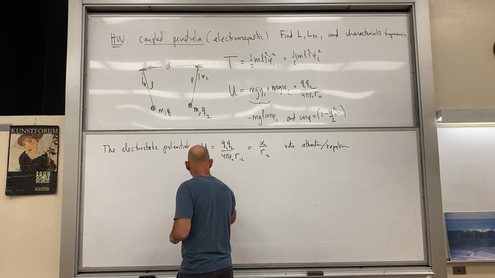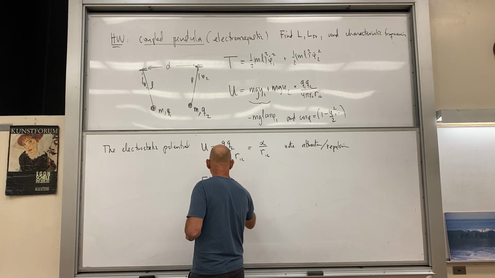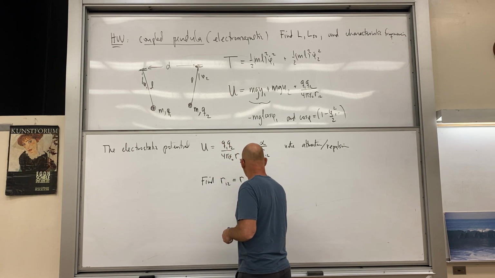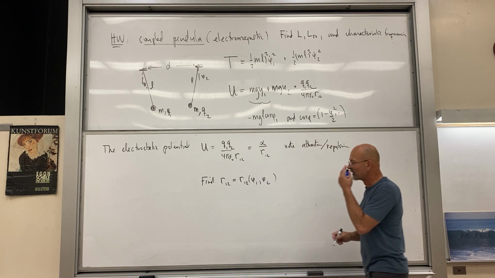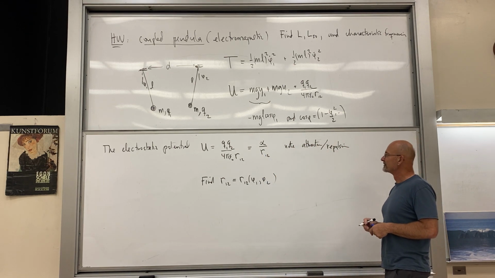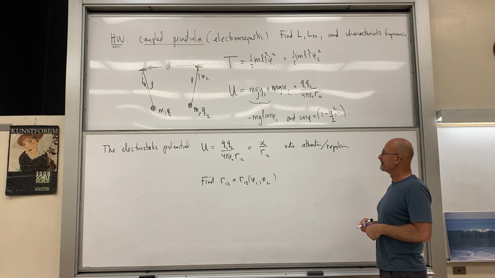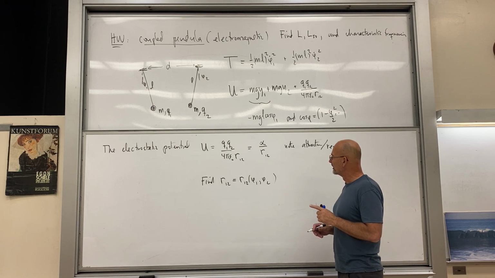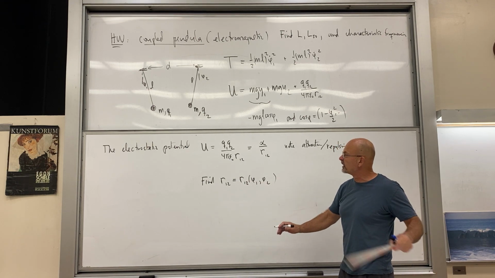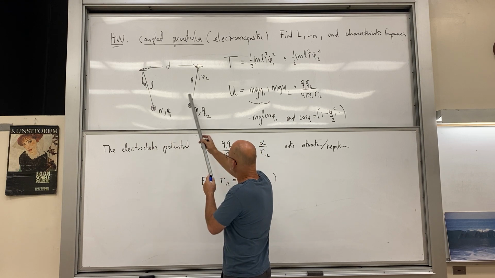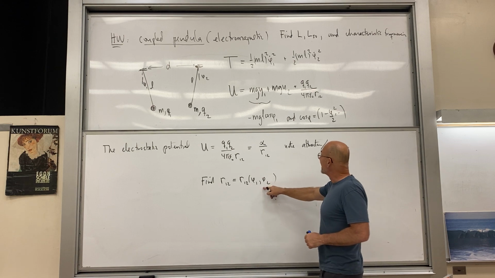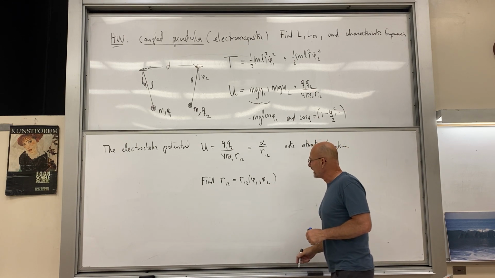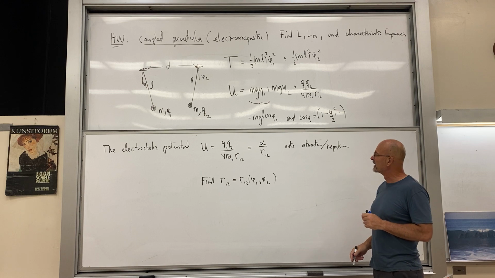So what we have to do is find R12, the separation distance, as a function of phi1 and phi2. And in the limit of small angles, it'll clean up quite a bit. If you're trying to do it right now with Pythagorean theorem and stuff, it would be a pretty hairy thing. But of course it's in the denominator, and then we have to expand, okay?